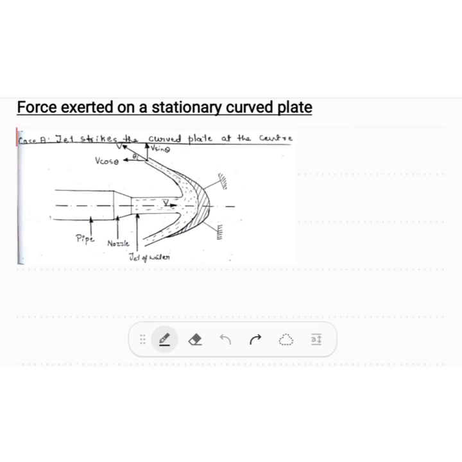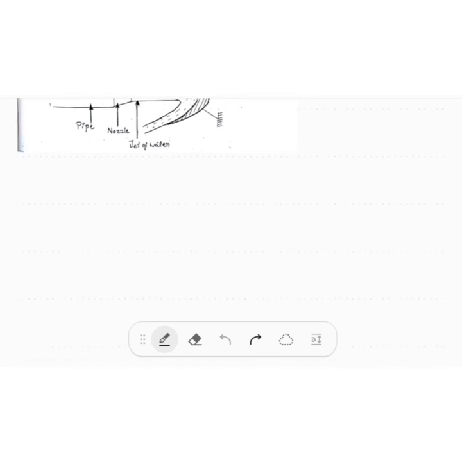So let us derive the equation for the force exerted in the x direction as well as in the y direction. Here we'll write Fx is equal to the rate of change of momentum, which is equal to the net force acting in that direction. So Fx is equal to the rate of change of momentum.